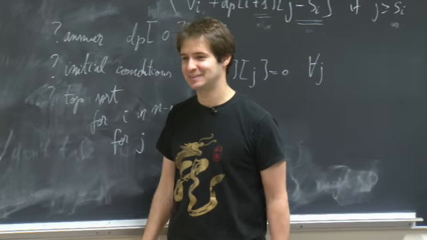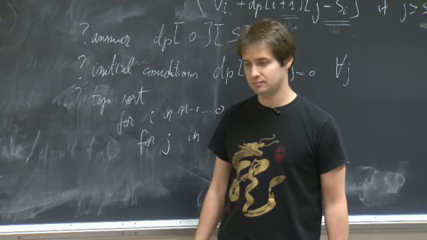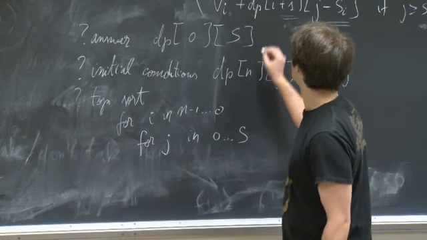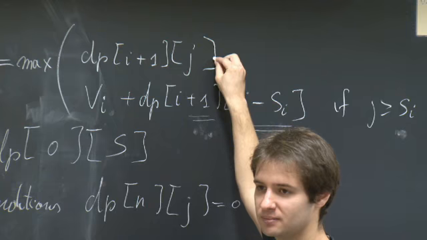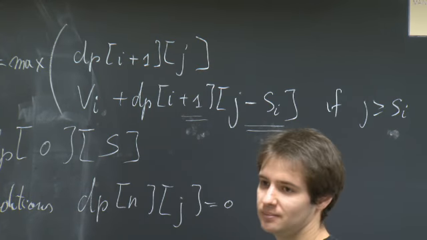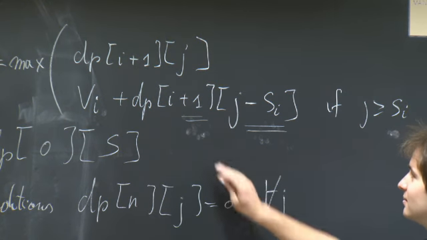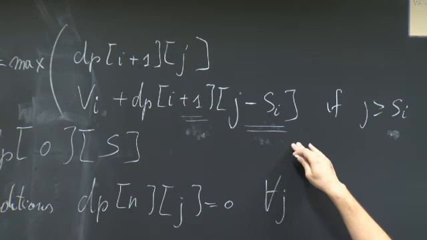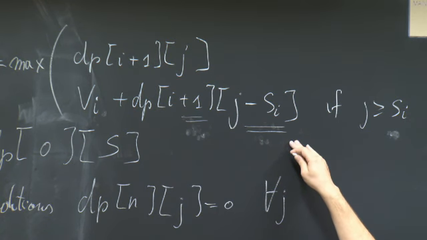What's the upwarder again? Because I get how if you're looking horizontally, that's the top thing of the max. It's saying dp of i plus 1, j. Yep, so this is looking horizontally, and this means I did not take item i. If you are going to take item i, you add the value of i, and then you look back at dp of i plus 1, which is the previous column, and the row number is whatever capacity you have left if you did take it.